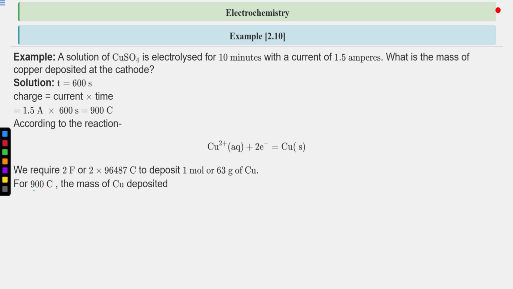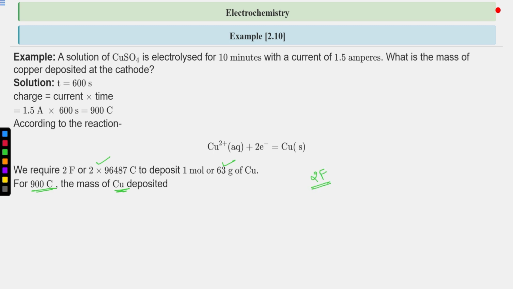For the 900 coulomb, we again apply the unit conversion. For depositing 1 mole or 63 gram of copper, we require 2 Faraday of charge. Now for 900 coulomb of charge, how can you find the mass of copper that will be deposited? First of all, we apply the unitary method.